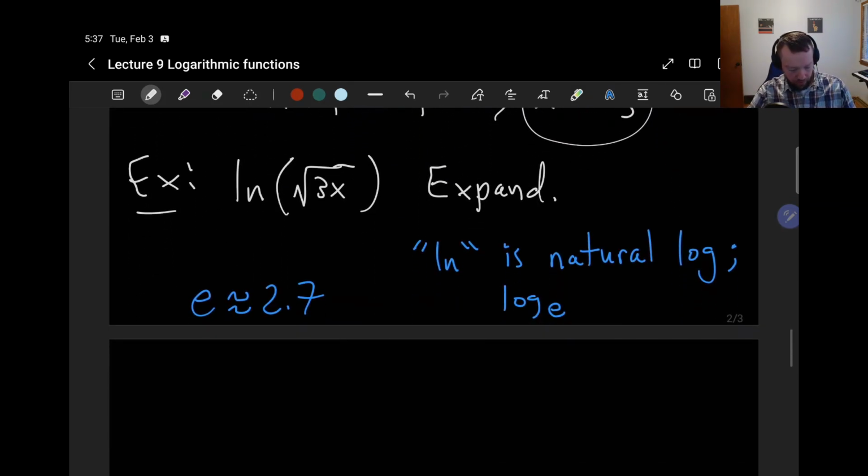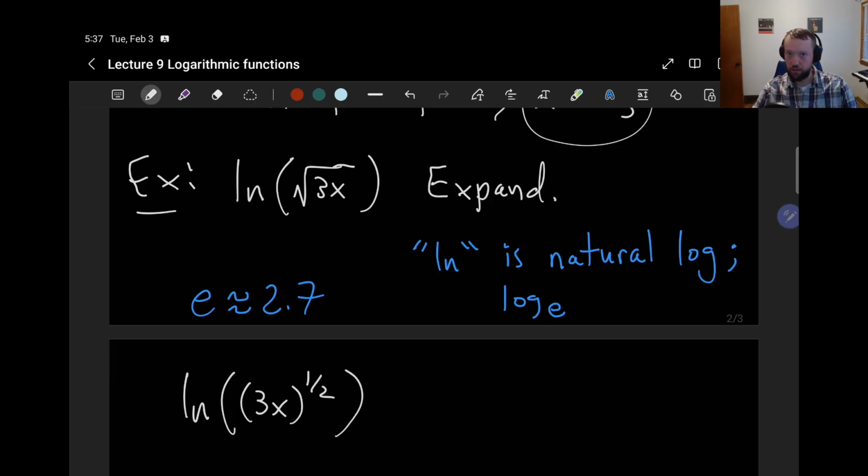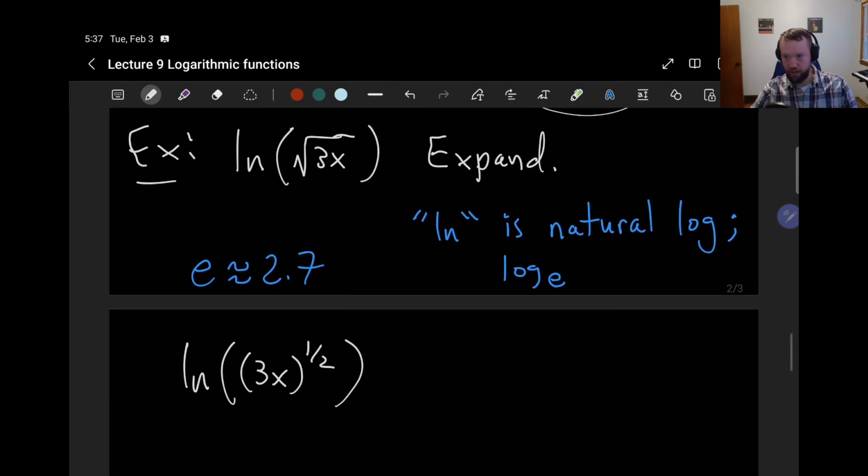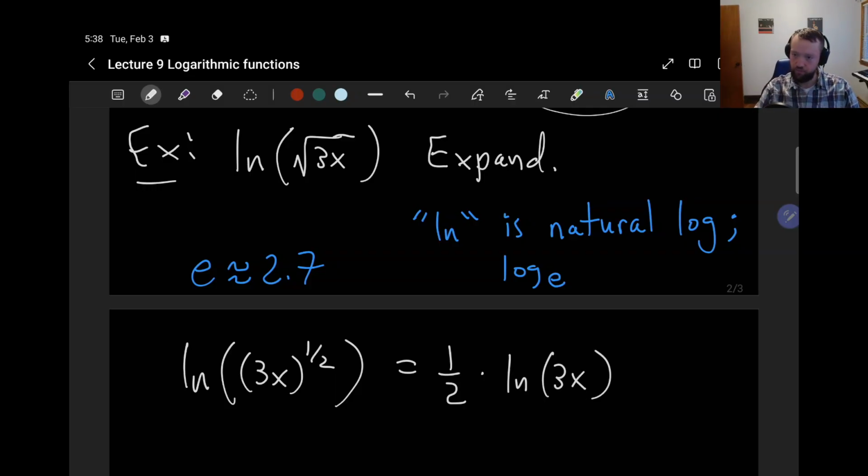First off, remember that you can think of the square root as an exponential, taking 3x to the 1/2 power. And this means that we can start by applying that third property, which deals with exponents inside the log. You essentially move it out front. So this becomes 1/2 times natural log of 3x. So already that's a lot simpler.